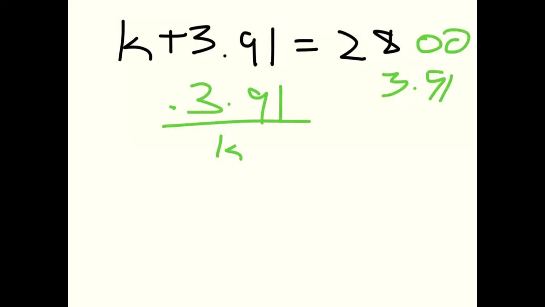Add zeros as our placeholders. And as we see, we need to make this a 10, make this a 9, make this a 7. That would be 9, 0.42. So K equals 24.09.